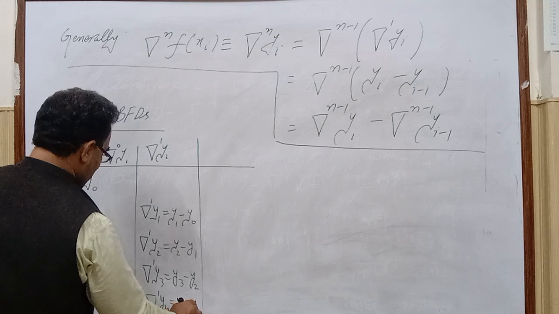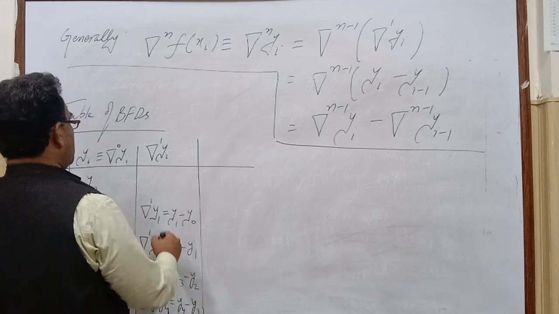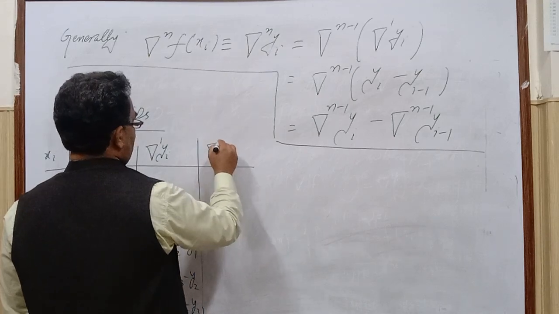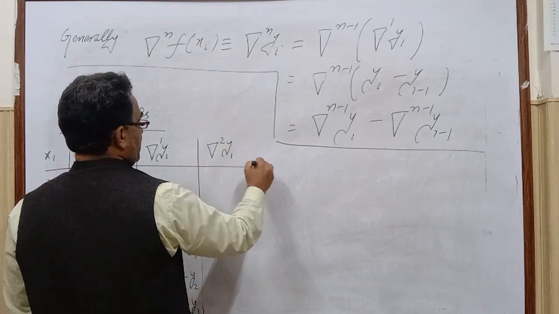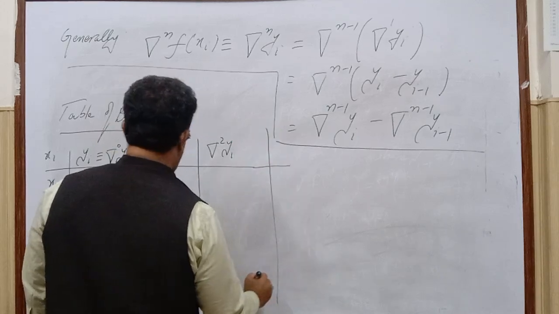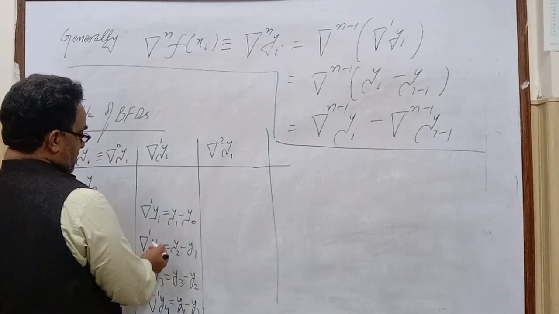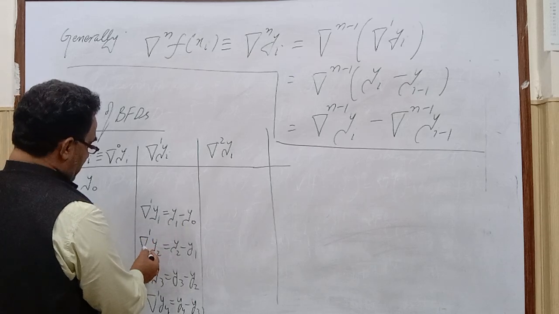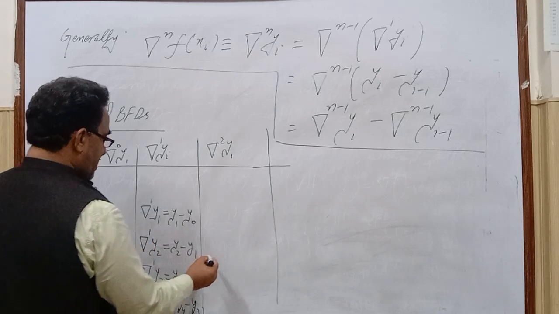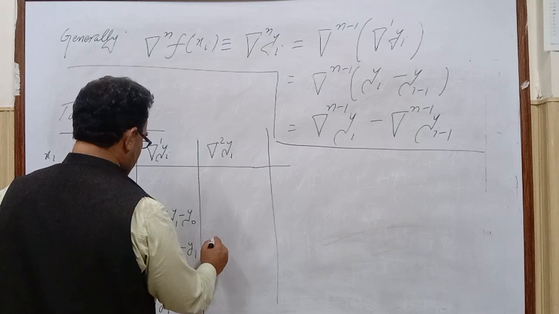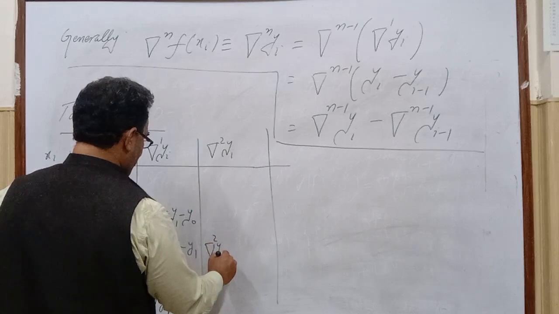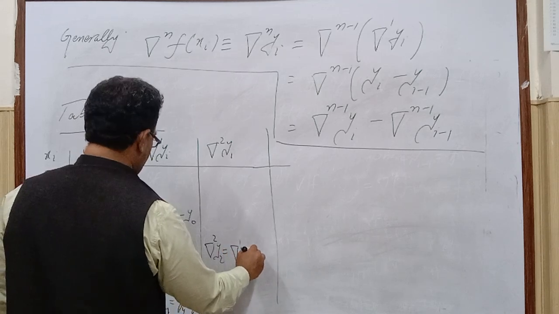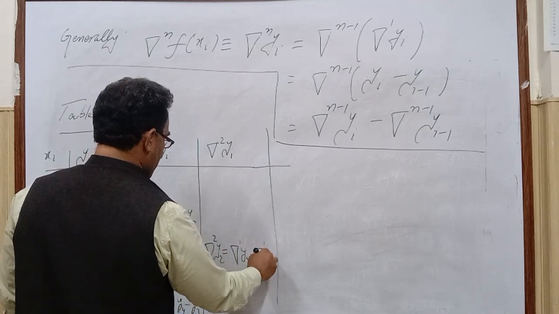Okay, so this is the column for first level BFD, and the second level BFD is written as del 2 yi. Now we will look at the previous column and we will leave the first entry and write the result in front of the second entry. So over here we will write del 2 y2, and this will be equal to del 1 y2 minus del 1 y1.